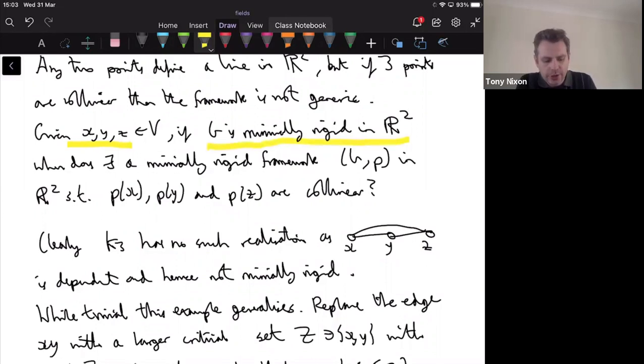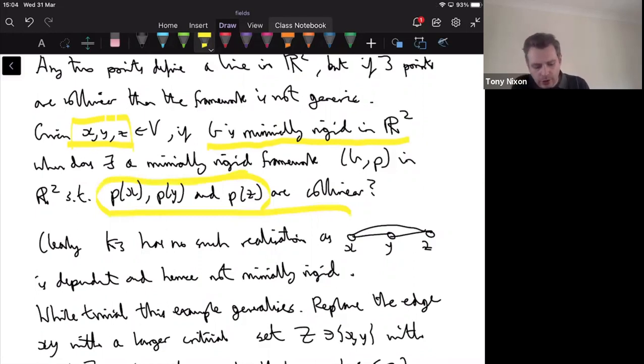And the question is, for these 3 special vertices I've picked, when does there exist a framework of the graph such that everything is generic except Px, Py, and Pz are collinear, and the resulting framework has to be minimally rigid still? So when can I realize 3 points in a collinear way without destroying the rigidity?